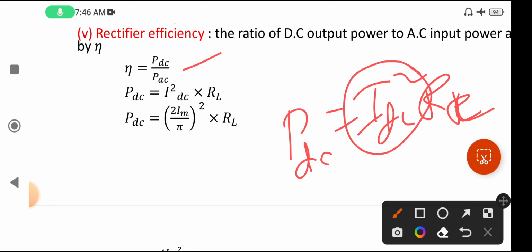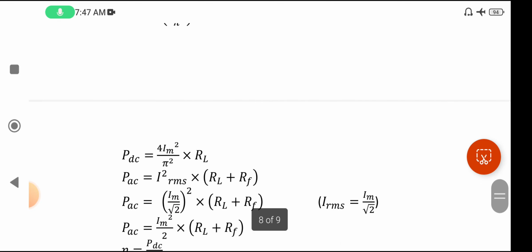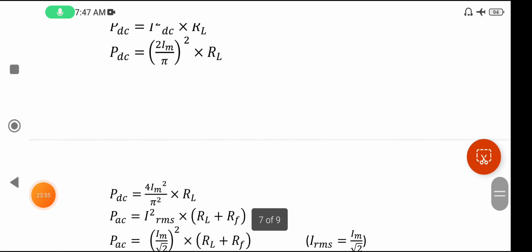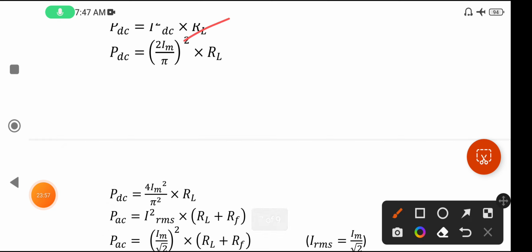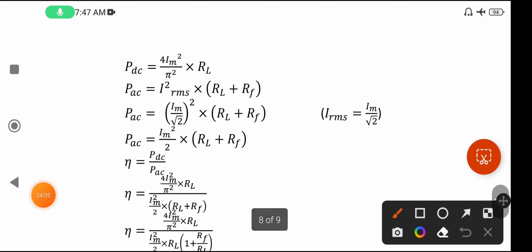We know the IDC value we just calculated, that is 2Im by pi, and it becomes whole square into RL. If you apply the square, it is 4 Im square by pi square, into RL. And next AC.